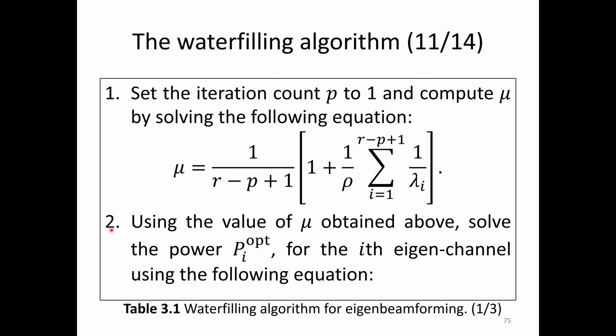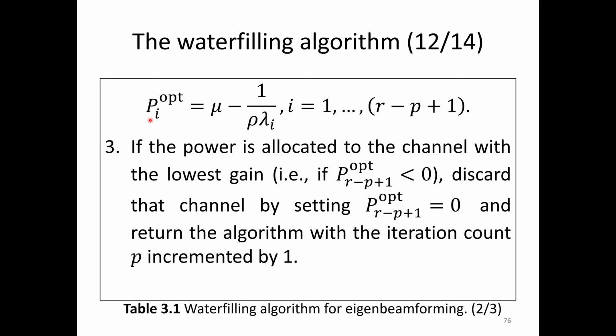Two. Using the value of mu obtained above, solve the power PIOPT for the ith eigenchannel using the following equation. PIOPT is equal to mu minus 1 over rho lambda I, where I is equal to 1 to r minus p plus 1. Three.